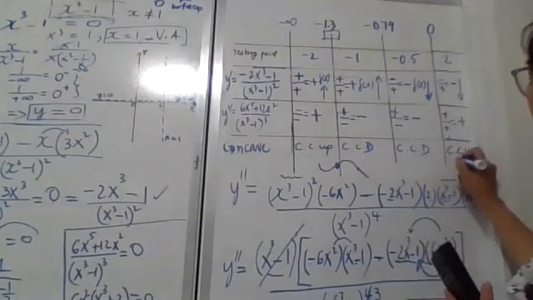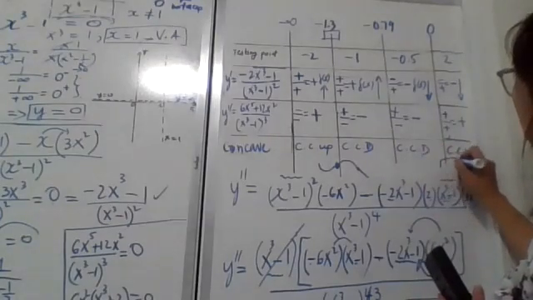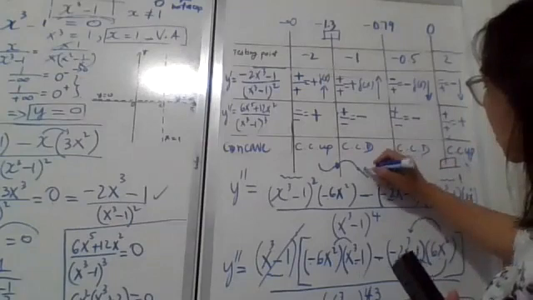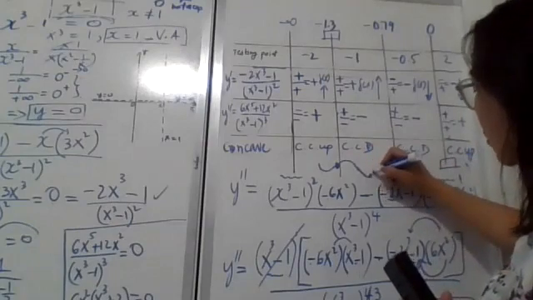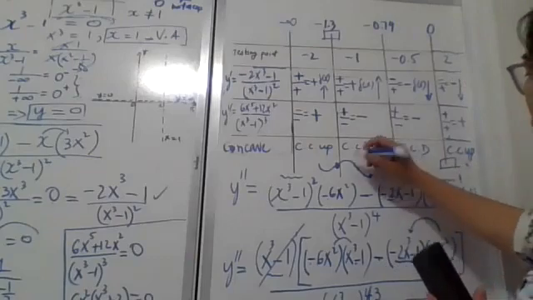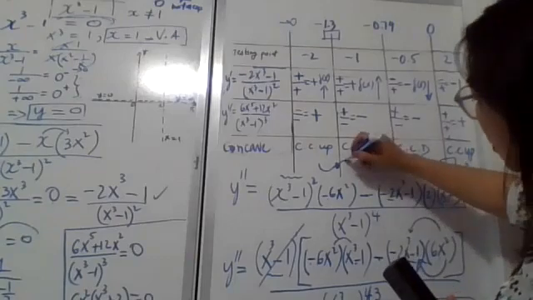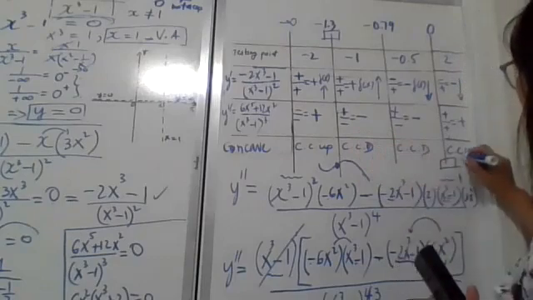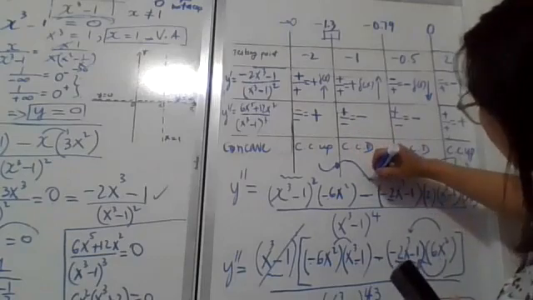Then between concave down and concave up, we have another inflection point in here. So on the way, concave down and then changing into concave up.